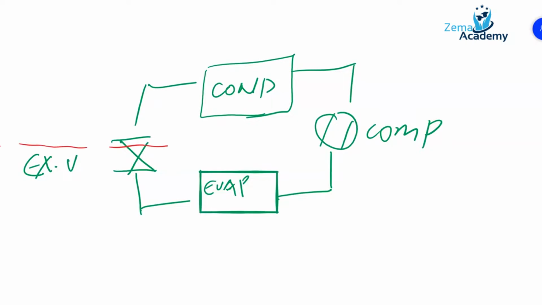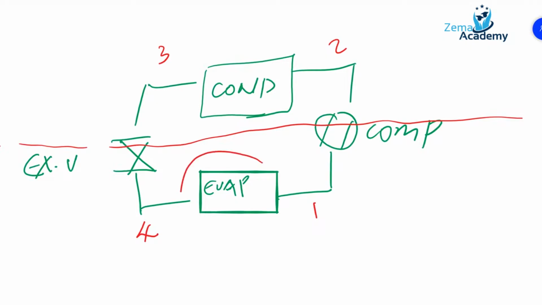If I divide the system in half like this, I'll number the points 1, 2, 3, and 4, so we'll know the different points across the circuit. I will start with the primary function of an evaporator. Depending on the source, let's start with air.